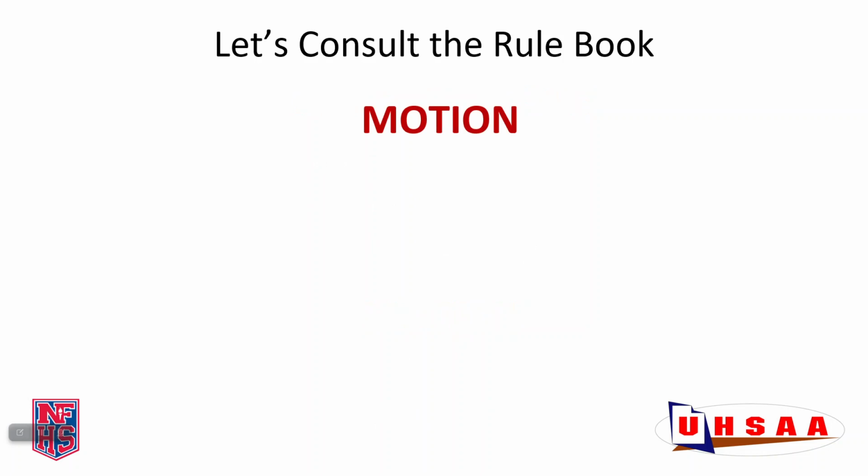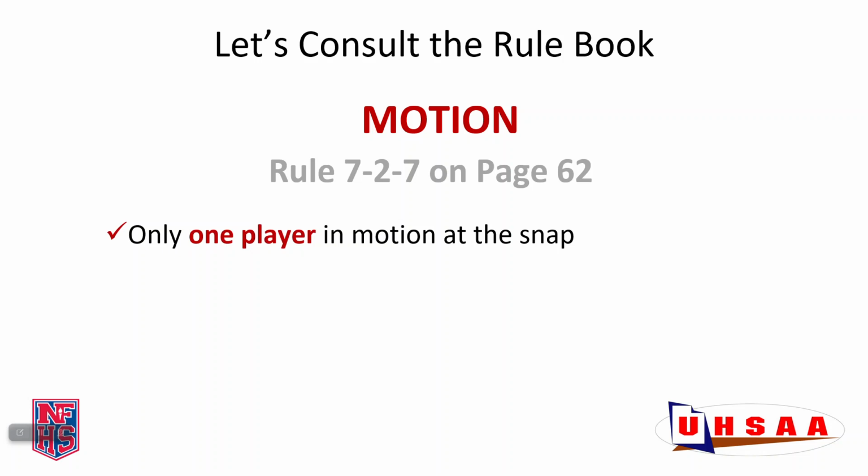All right, let's look at motion a little closer at this definition that's found on page 62. If you have your rule book available, turn to page 62 and follow along and read the rule as I summarize it here.